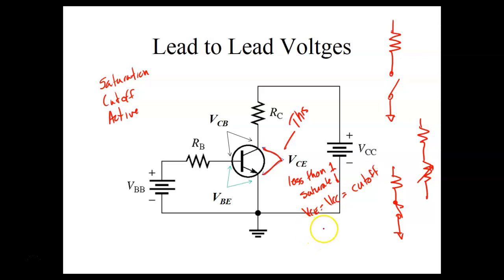If it's operating between saturation and cutoff, then the transistor is in the active region. So this measurement right here, VCE, determines what region the transistor is operating in.